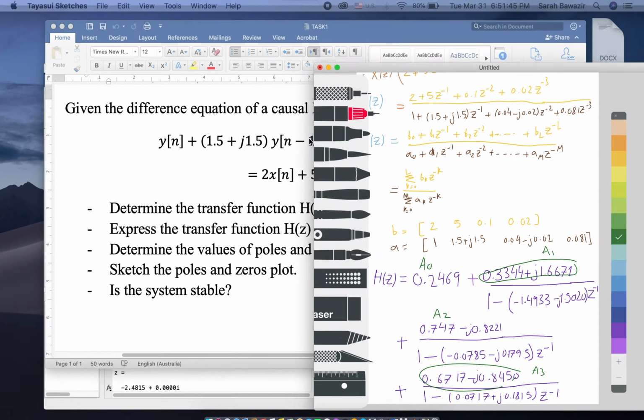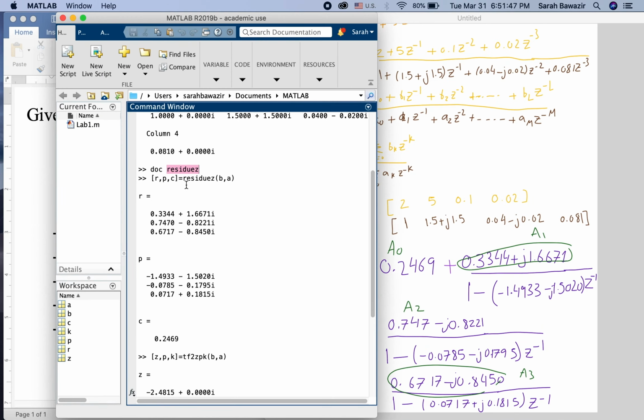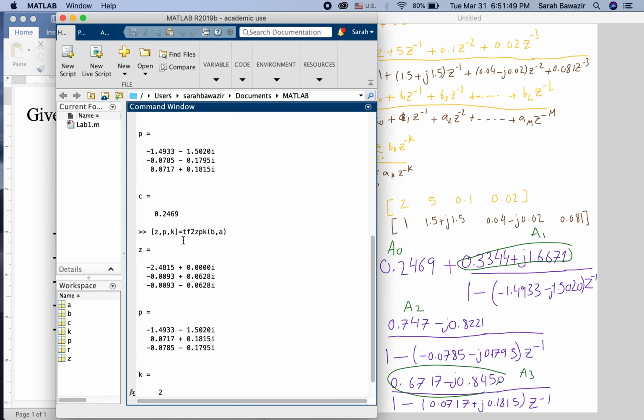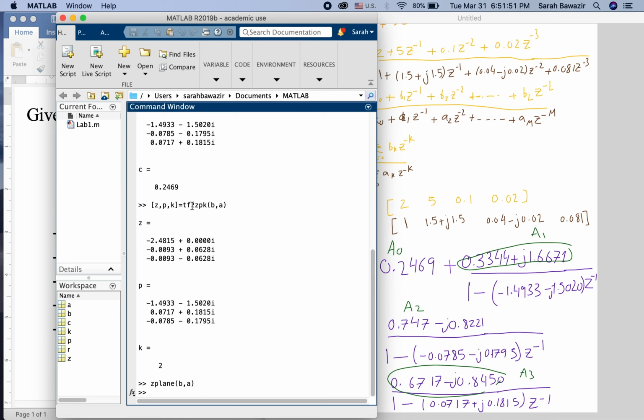Okay, and then after that we found the values of the zeros and the poles using the tf2zp function or command. And then at the end we plotted the poles and zeros using the zplane command.